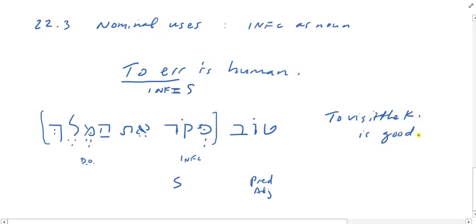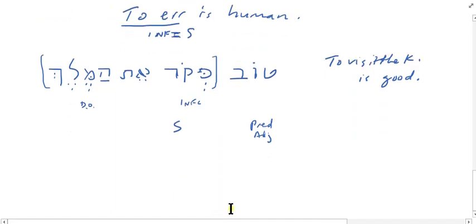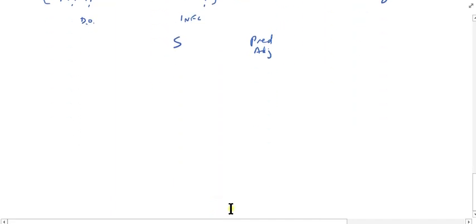So I have a copular construction, one with a predicate adjective, and this whole infinitive construct phrase is functioning as the subject of it. Okay, so I just want you to see that it is possible to see infinitive construct forms fulfilling noun positions in a sentence. Let's look at another situation where an infinitive construct could be in a slot where normally a noun goes.